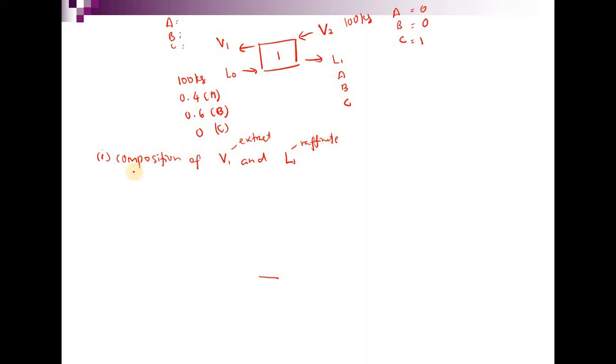Composition means the fraction of A, B and C. When you put the answer, you should put the composition of A, B and C in extract and A, B and C in raffinate. Okay, we will use the graphical method.